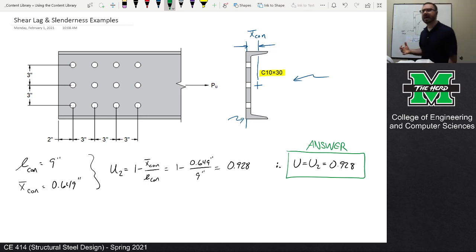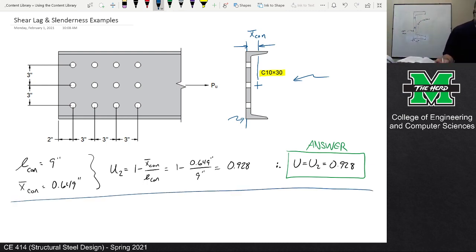Since I've already got the image pulled up, I'm going to go ahead and ask this question. Let's talk about the slenderness. Let's go back to the channels section, and I want somebody to tell me what is the smallest R value. Is it Rx or is it Ry? And what is that for this channel?